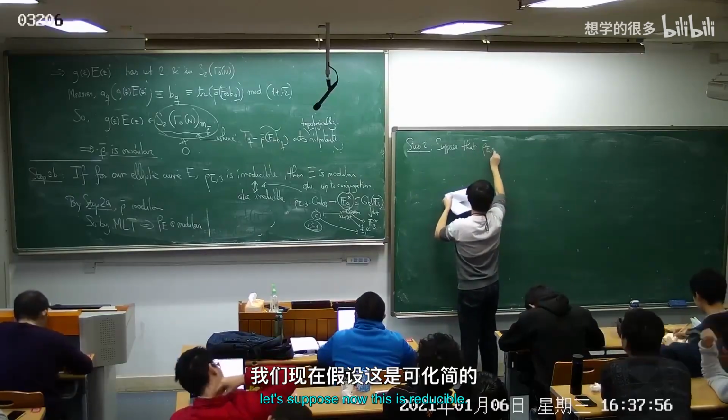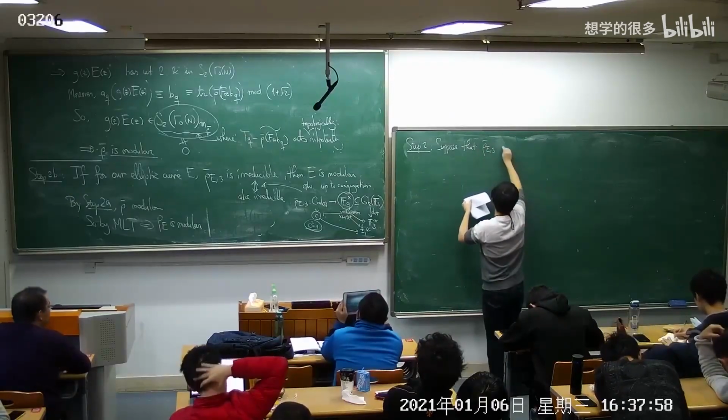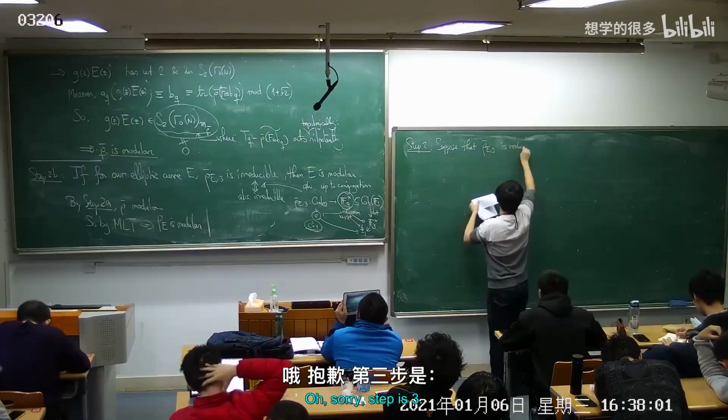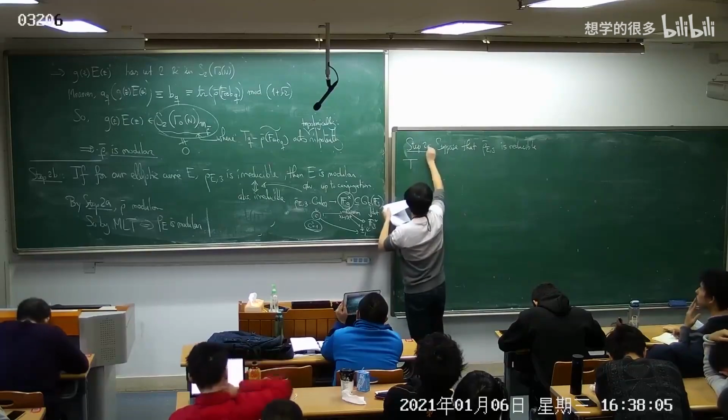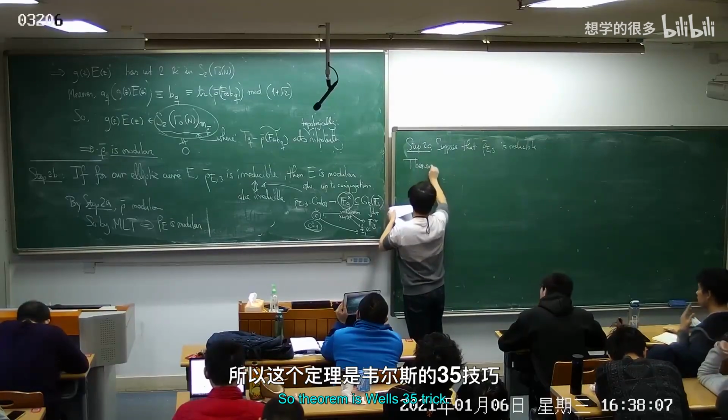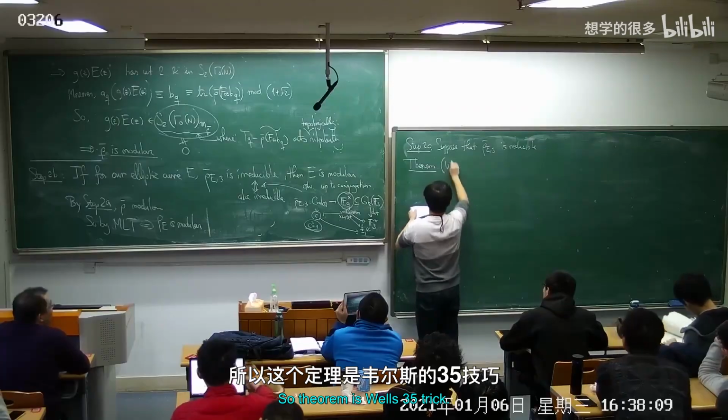So let's suppose now this is reducible. Step 3. The theorem is Wiles' 3-5 trick.